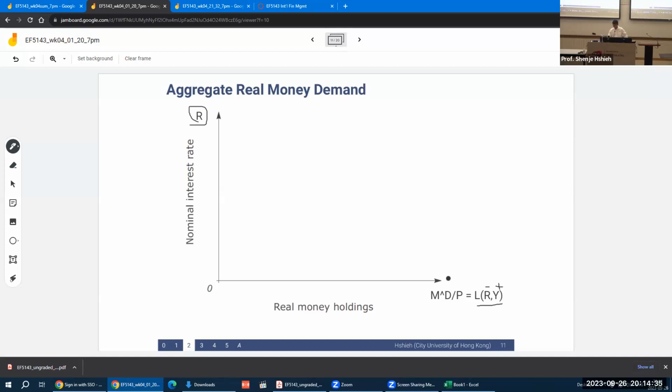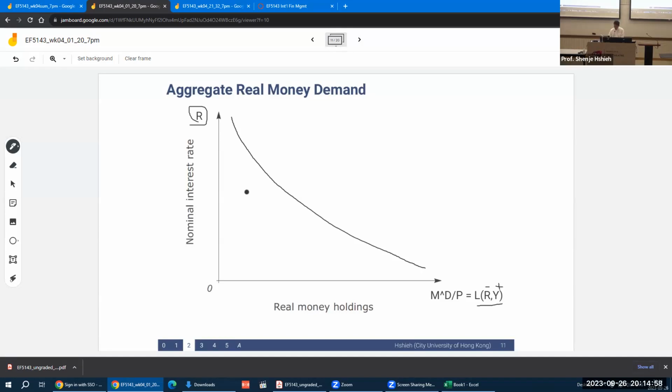Downward, right? So I'm going to draw a rough line. It doesn't have to be curved; it could be a straight line. I haven't imposed any additional assumptions on the curvature of liquidity preference, so as long as it's downward sloping, it's fine for your exams.